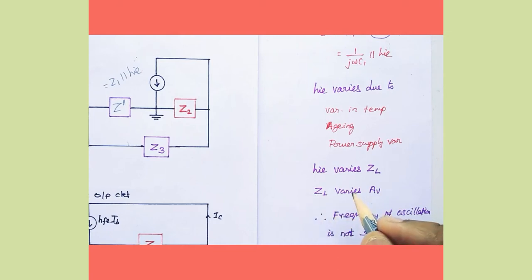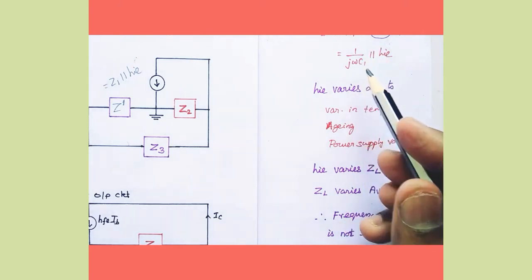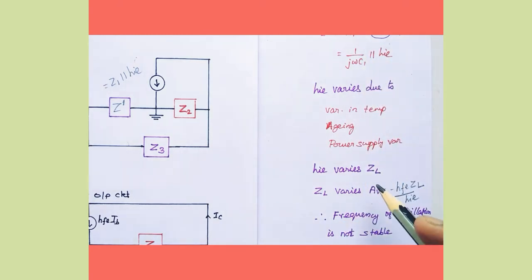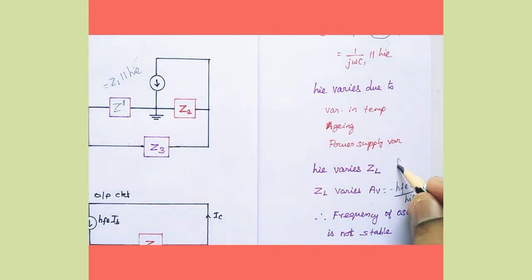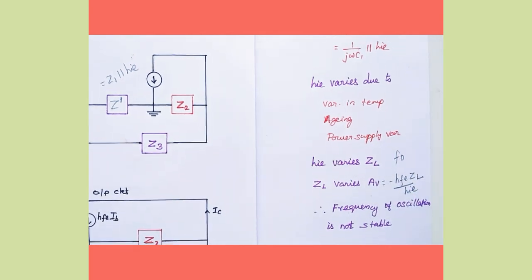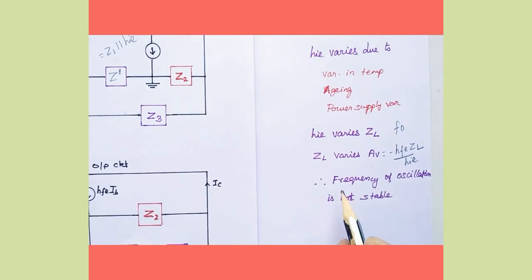When ZL varies, automatically the gain of the basic amplifier also changes, because AV is nothing but minus Hfe into ZL by Hie. So due to this capacitance, all these things change. If the gain of the basic amplifier changes, then definitely the frequency of oscillation also changes. From this I can give the conclusion that the frequency of oscillation is not stable in Colpitts oscillator.